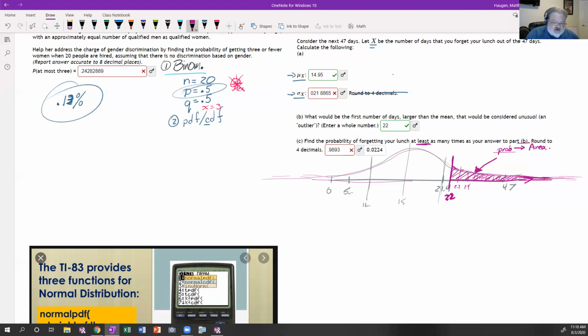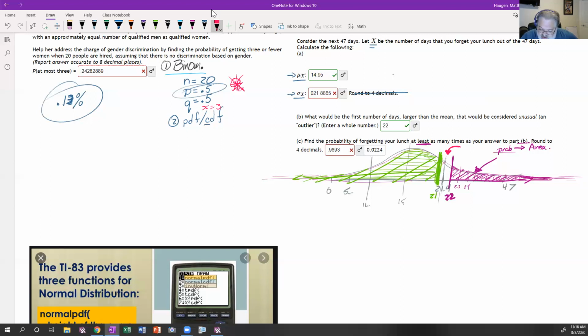So if we want that area, since our tool only does "and down," we're going to have to go one number down, 21, and all the way down. So we're going to have to find this area. Now notice here, and this is going to be important when we start talking about chapter 7, there's a gap in there, right?